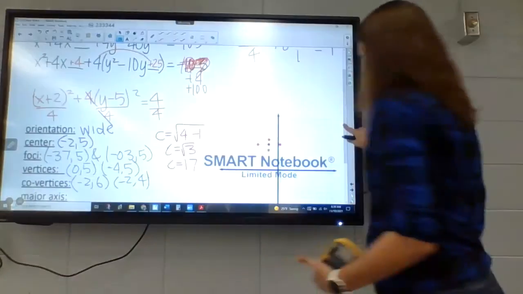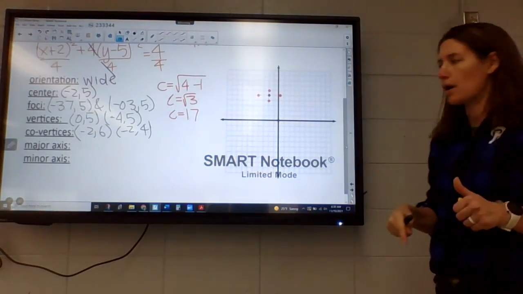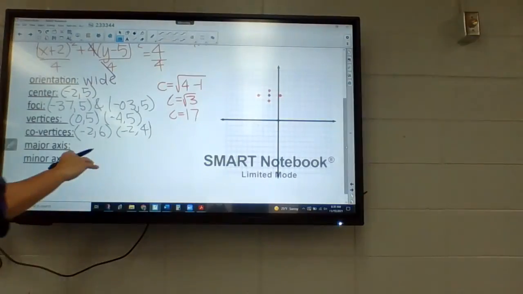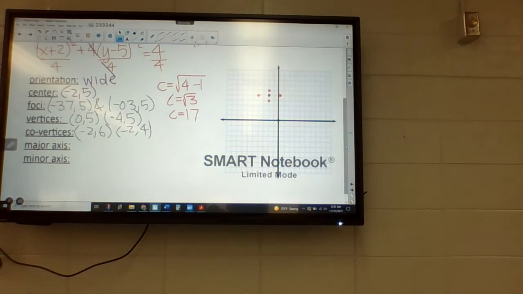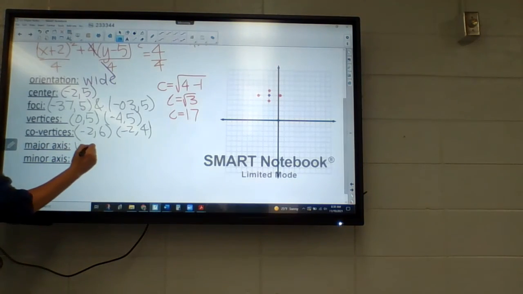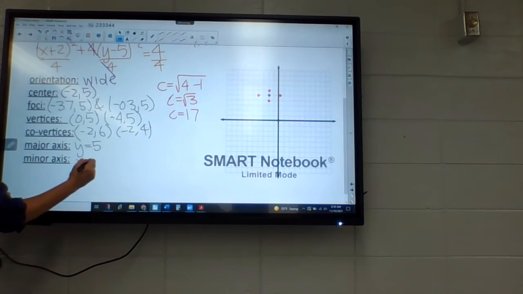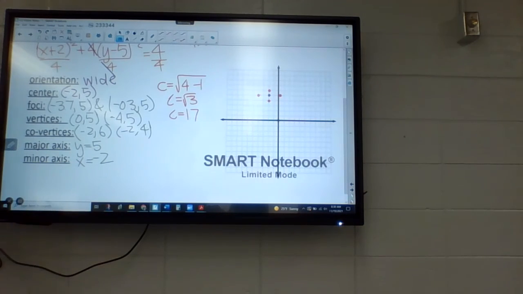Hopefully this worked out now, after we changed the problem. And then the center, the major axis is the horizontal one, so that's gonna be y equals 5, and then x equals negative 2.